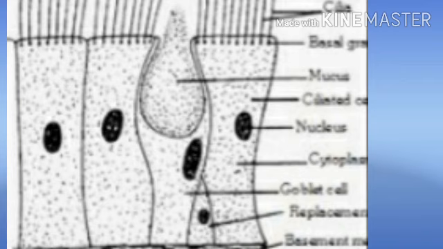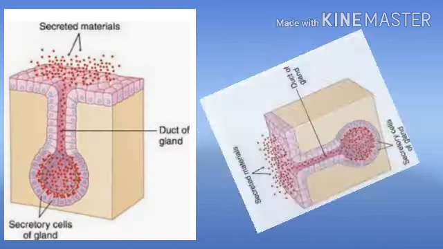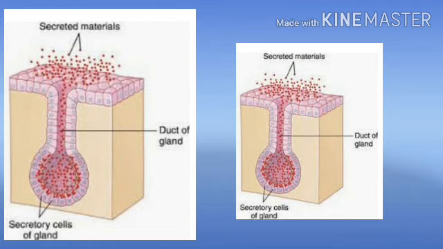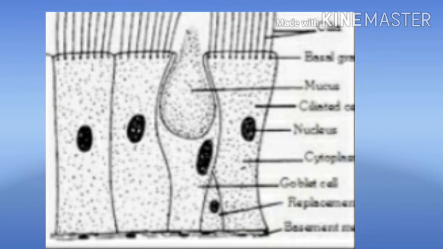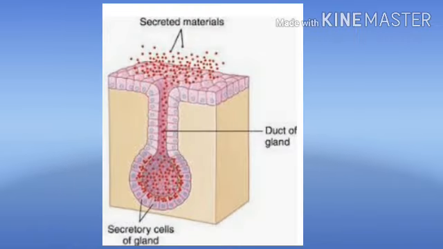Glands secrete chemical substances, that is sweat by the sweat glands, oil by the oil glands, enzymes by the digestive glands and hormones by the endocrine glands. Glandular epithelium is actually formed by modified columnar or cuboidal epithelium. Glands are specialized epithelial cells that produce a fluid secretion.